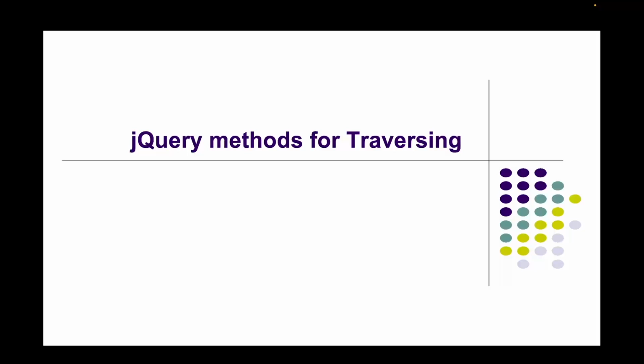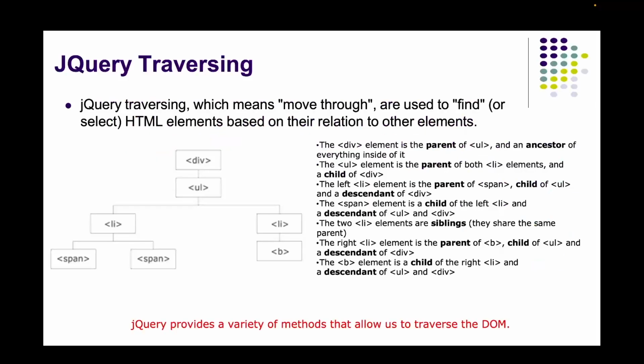And to master jQuery, you need to understand traversing. Think of your HTML as a family tree. Elements have parents, which are at the top, and then children, and there will be siblings which are next to them.